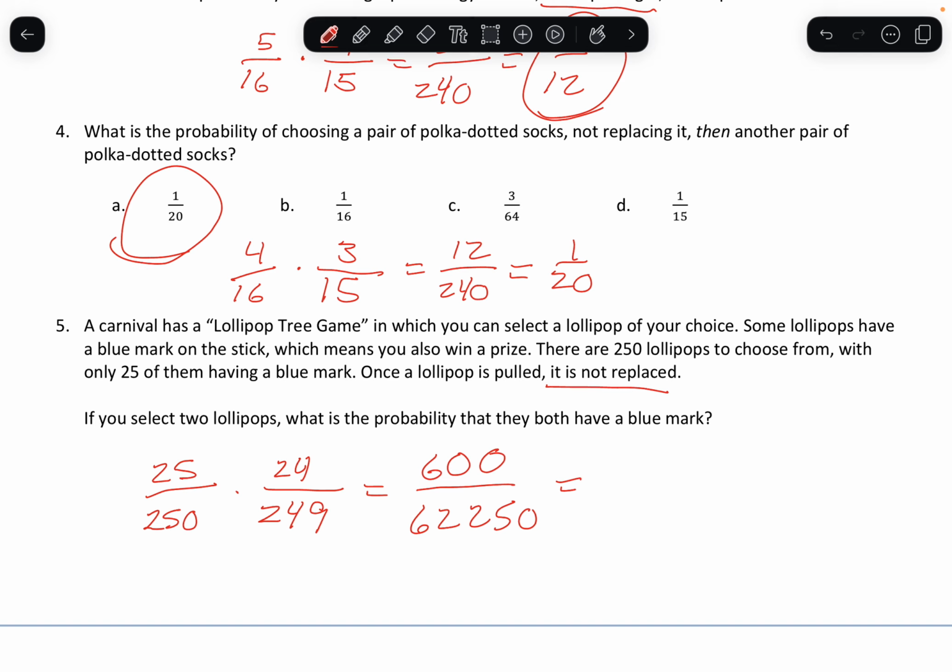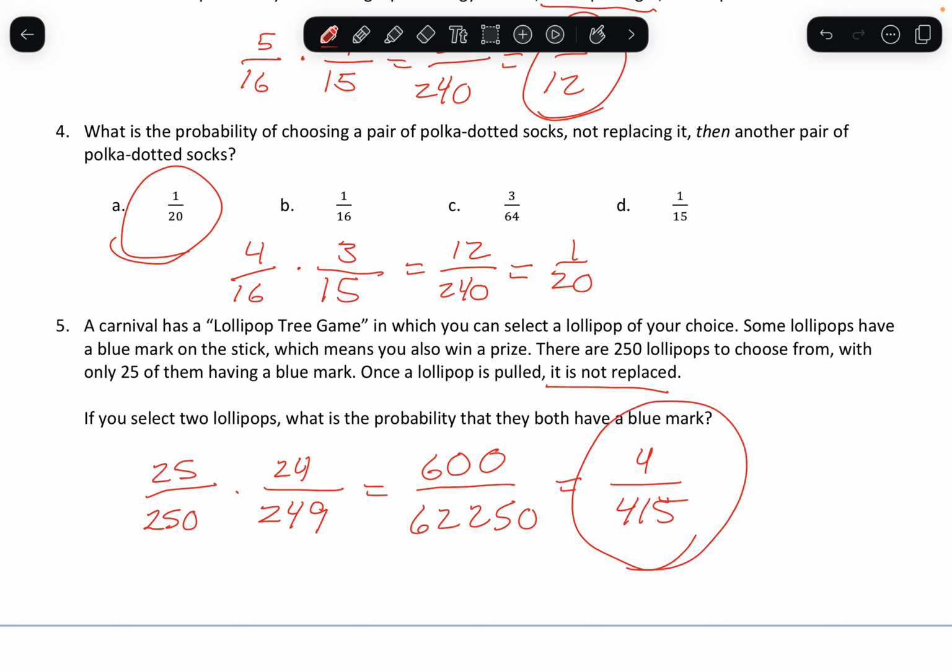I can divide both of those by, I think, 150. If I take the bottom number divided by 150, that gives me 415. And if I take 600 divided by 150, I get 4. So my probability there is 4 out of 415.